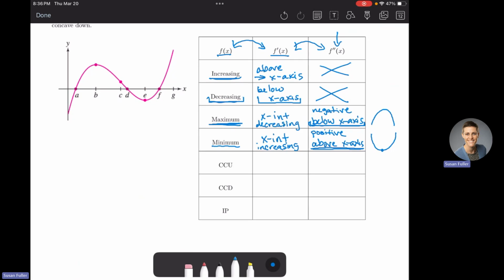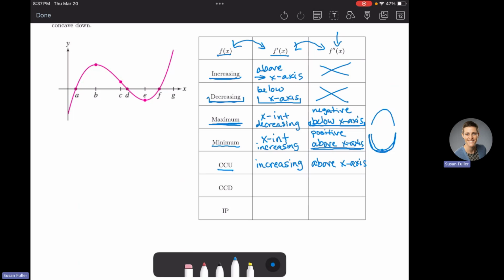Now, what if I start adding more things? What if I'm concave up? Well, we just talked about that. These kind of mirror what we just did. If I'm concave up like I was here, I know that this one's going to be above the x-axis, and that means that this is going to be increasing because my slopes increase from left to right if I'm concave up.